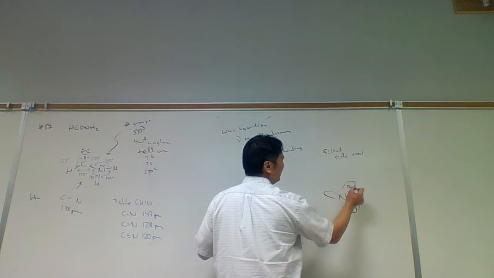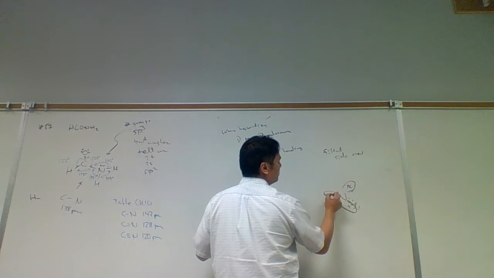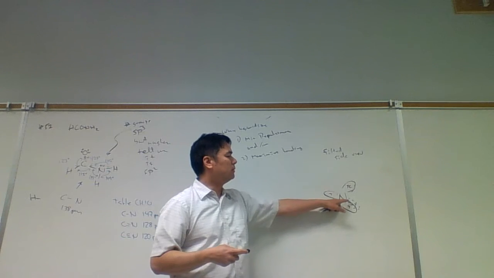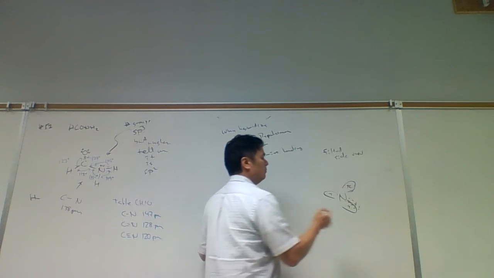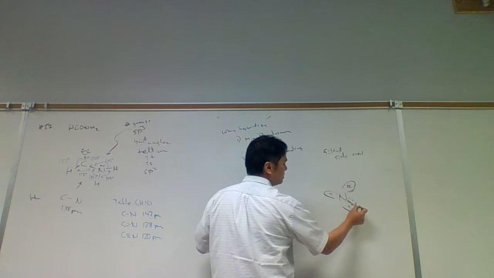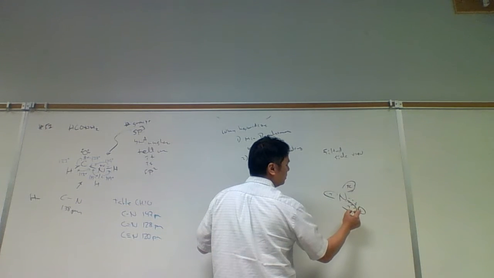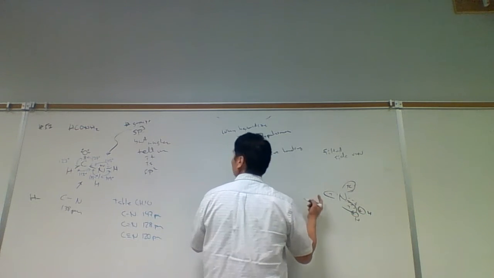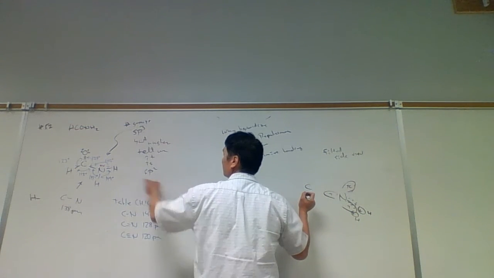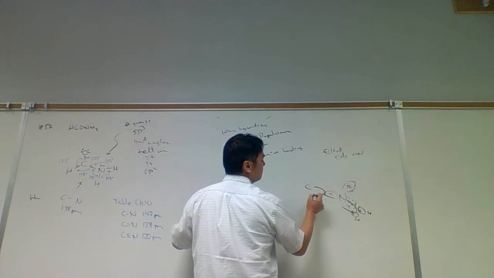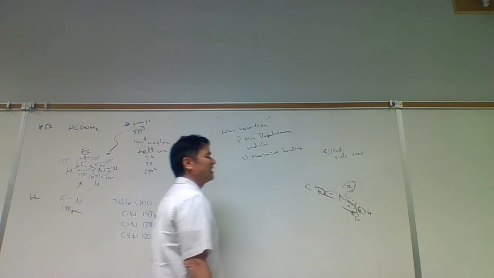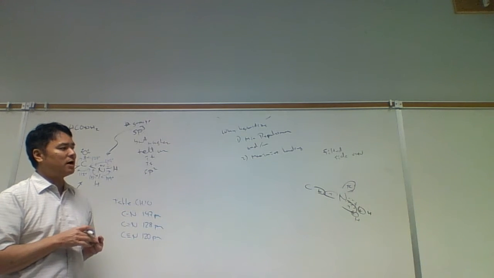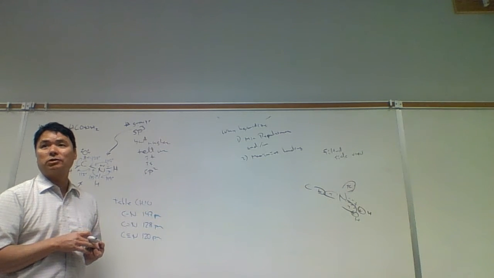And so I've got a lone pair and 3 bonds, and I want to maximize the distance between all the groups. I have two hydrogens here, H, H. And then over here I've got this carbon, which is sp2. So I need to spread those four groups out as far as possible to minimize the repulsion, correct?